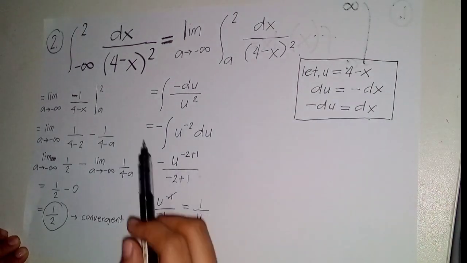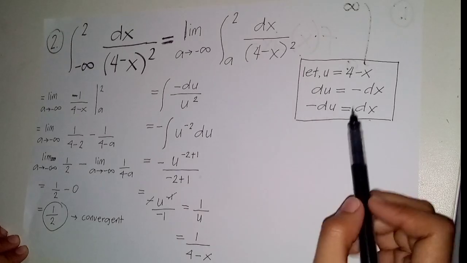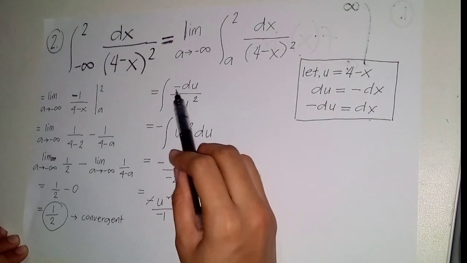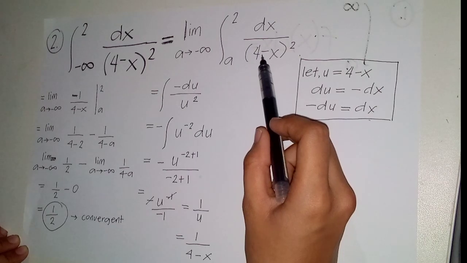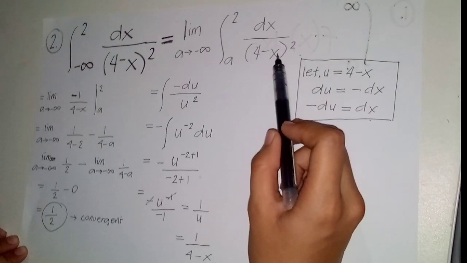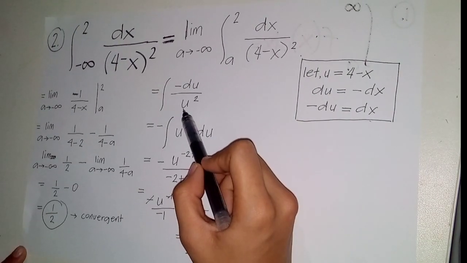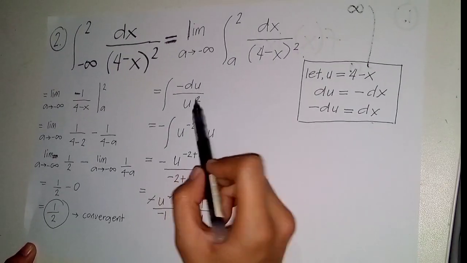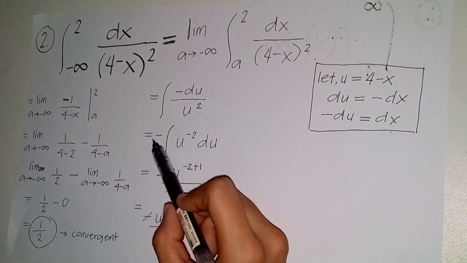So here, we copy the integral, and since our dx is negative du, we write this on top, over 4 minus x replaced by its variable, which is u. So let us write u squared. Let us move this negative sign in front.